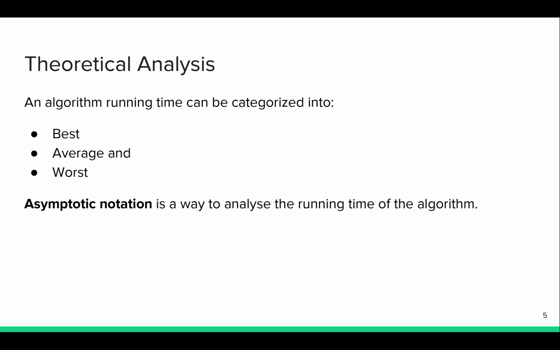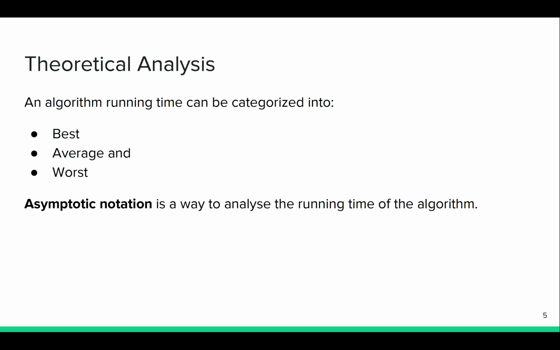This theoretical analysis is supported by something called asymptotic notation. Asymptotic notation is a way to analyze the running time of an algorithm. It is basically a mathematical concept which says, suppose there is a function that runs in 3n square plus 5n time, then as n tends to infinity, the 3n square term is the most contributing term instead of the 5n.